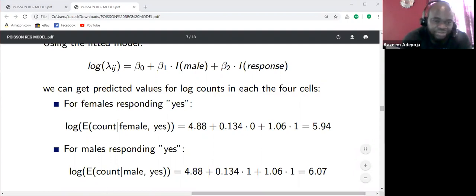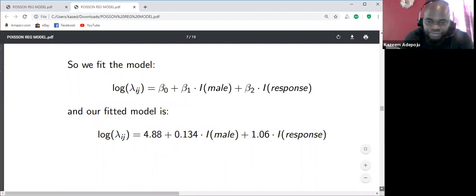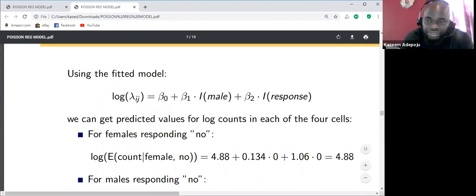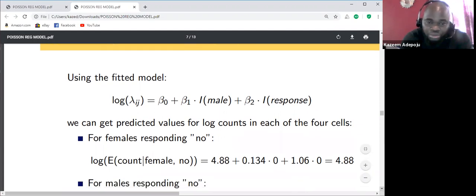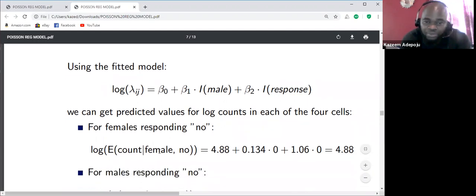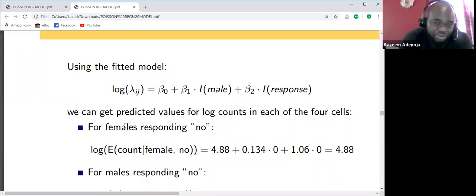Very good. Now I've walked you through the model. How do I interpret female responding no? I coded female as 0 and no as 0, so it's 0, 0.